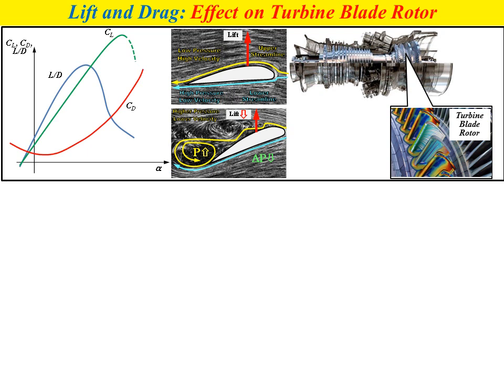Okay, again we need to refer to the CL, CD, L over D versus alpha graph in order to explain the effect of lift and drag with the change of the angle of attack.